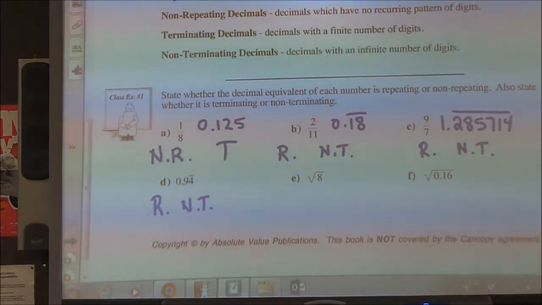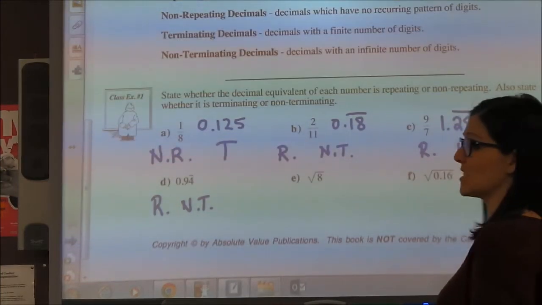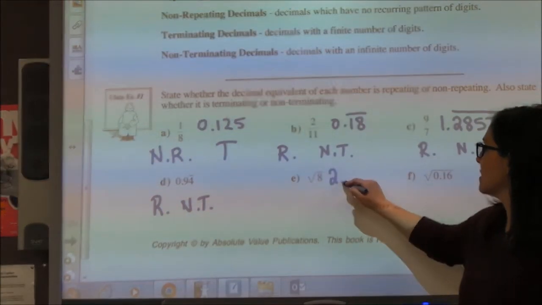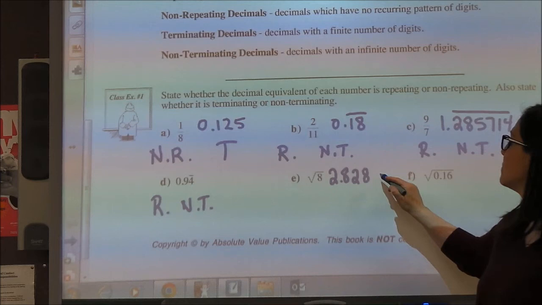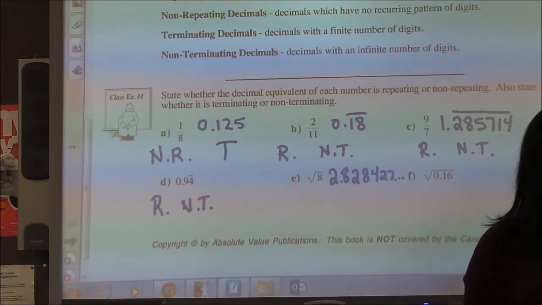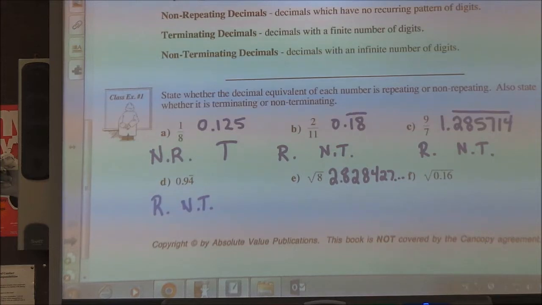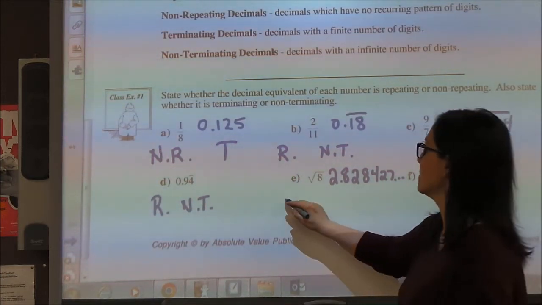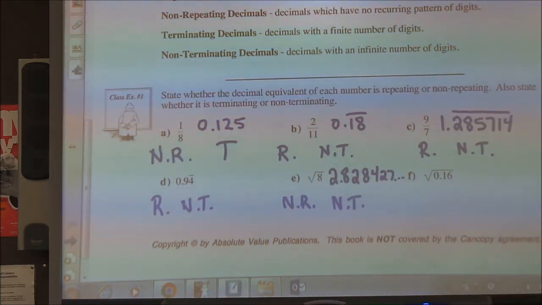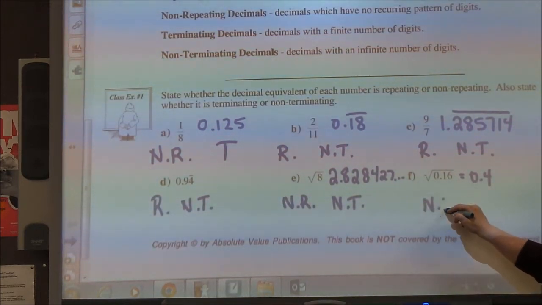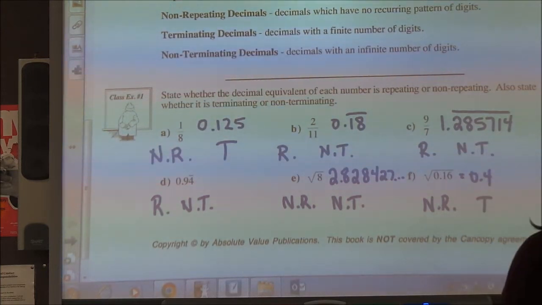Square root of 8 gives me this decimal, 2.8284271 and so on. Is this non-repeating? And then the last one, the square root of 0.16. Is this repeating or non-repeating, and terminating or non-terminating?